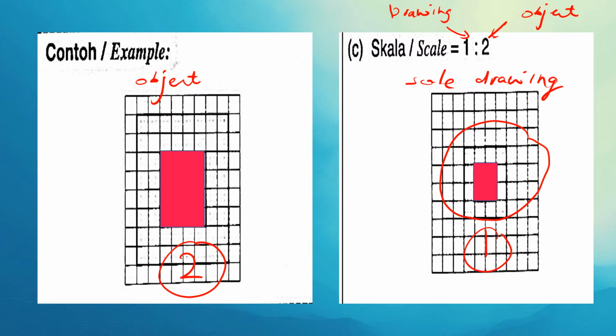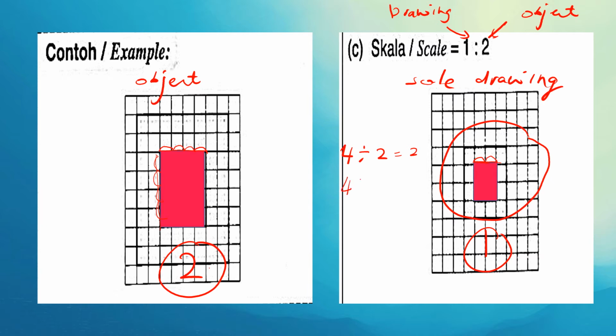So we start with the horizontal line up here. The boxes are 1, 2, 3, 4. So 4 boxes, you must divide by 2, because we want to make it smaller. So it becomes 2. So you draw a line with 2 boxes only, 1 and 2. That's your line. Now the corresponding side, the vertical line. You count the boxes: 1, 2, 3, 4.